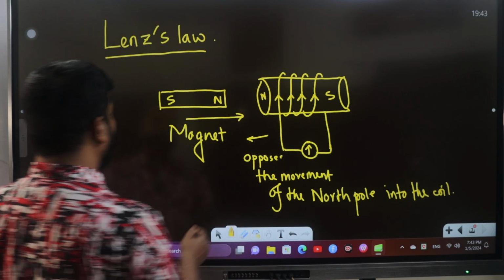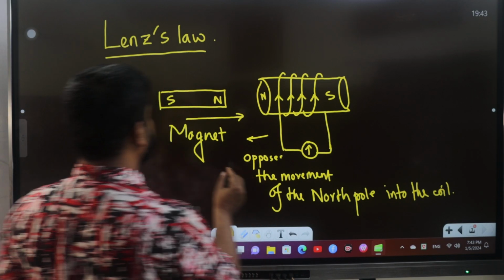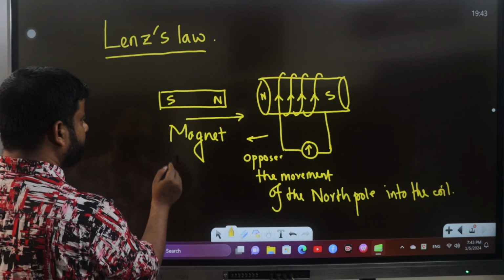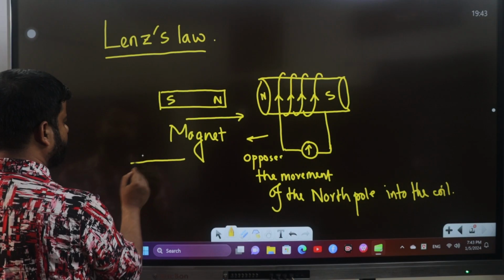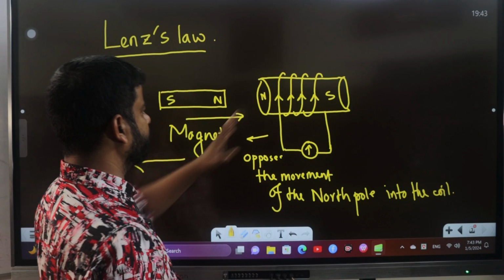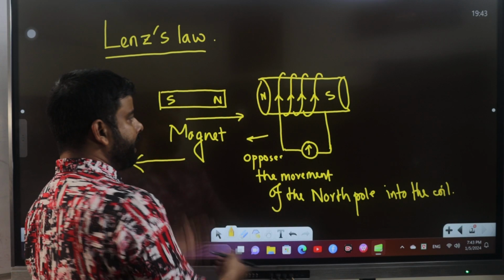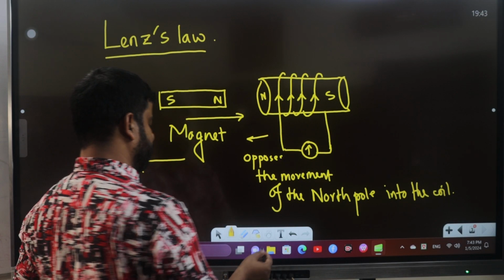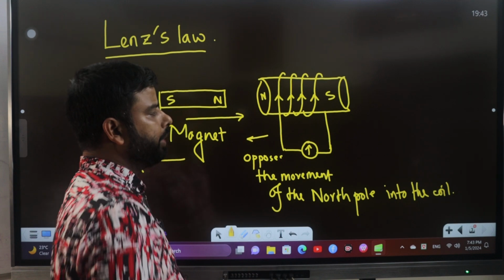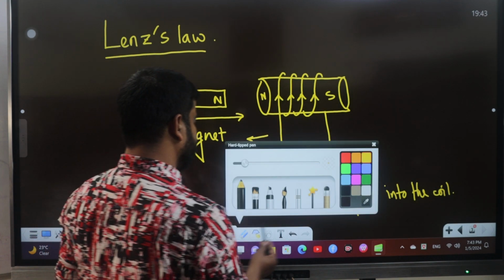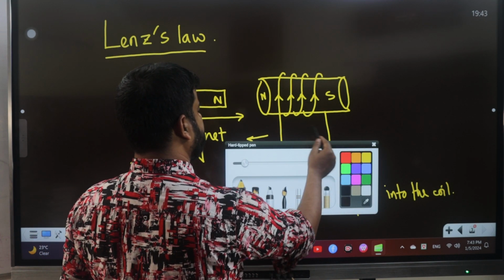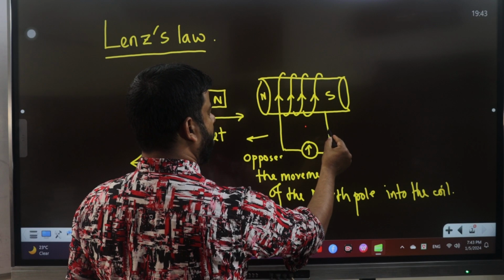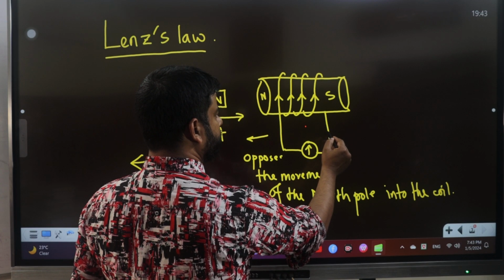Again, when this north pole of the magnet tries to move away from the coil, then the direction of the current will be reversed in such a way that it opposes the movement.